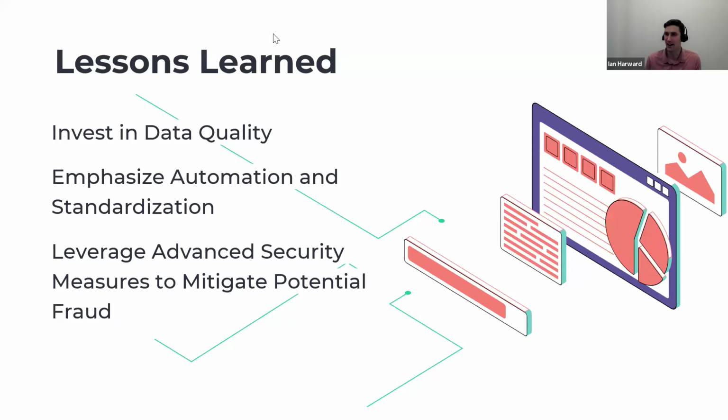But there are ways that you can invest in your data and the process that aren't going to break the bank, that are going to drive you forward and allow you to attack more meaningful initiatives.